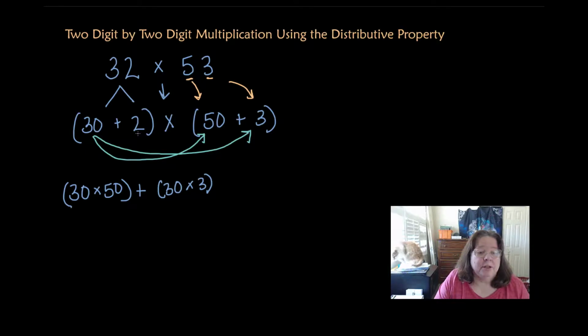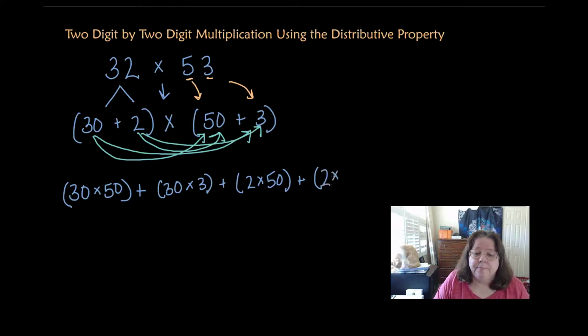So now we're going to do 2 times 50. And then we're going to do the last one, 2 times 3. So it's pretty much very methodical.